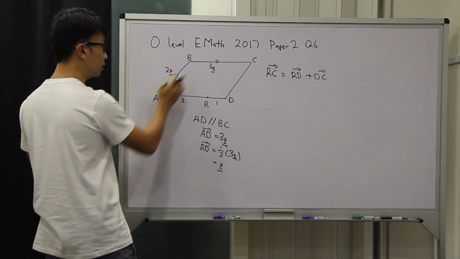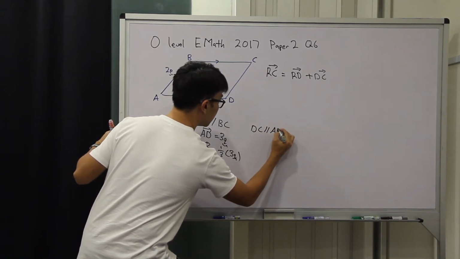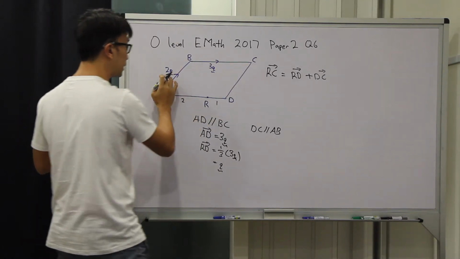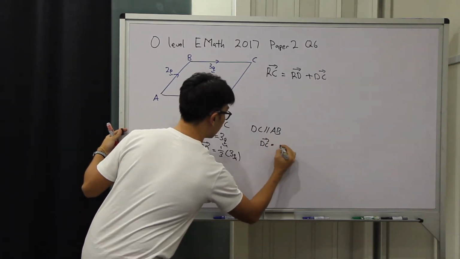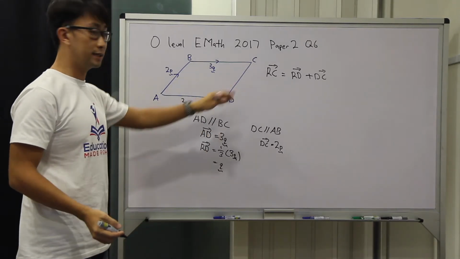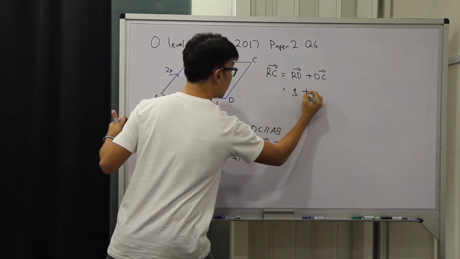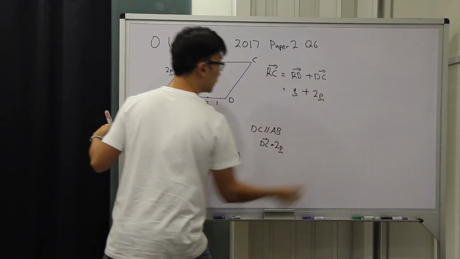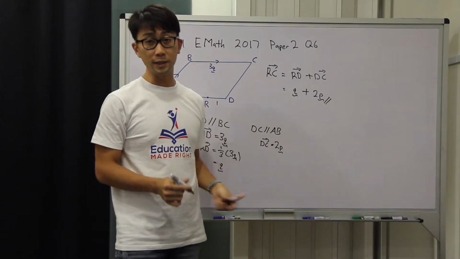DC is parallel to AB, and therefore DC is equal to AB, which is 2P. So now RC is equal to RD, which is Q, plus DC, which is 2P. And here we have the answer for RC: Q plus 2P.